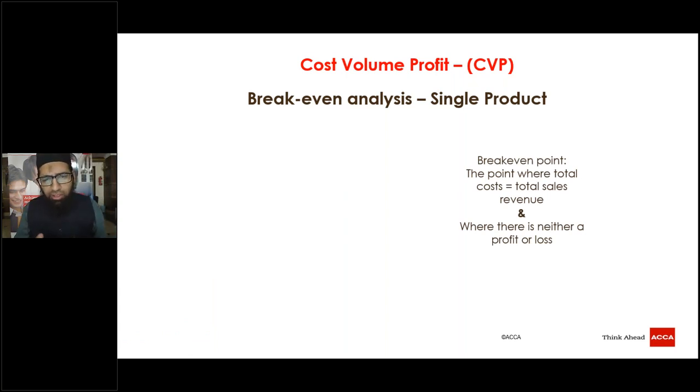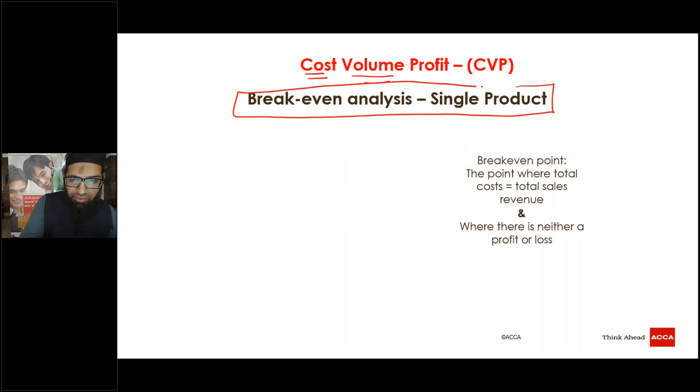CVP analysis is a mixture of different kinds of analysis, and such analysis will help us to determine the different patterns of cost, assess the profitability, and how much will be my profit if my volume changes. So within this analysis, the very important analysis is the break-even analysis.